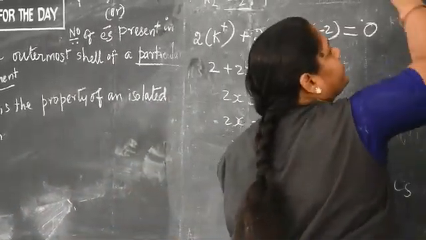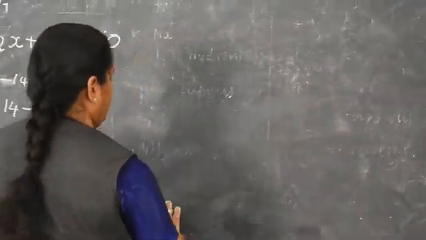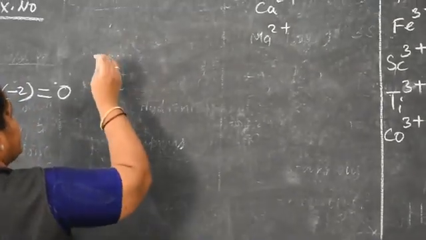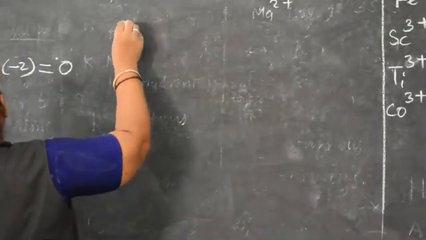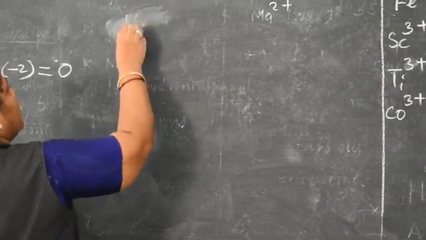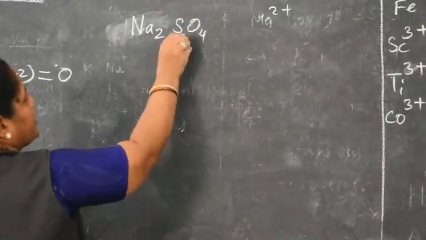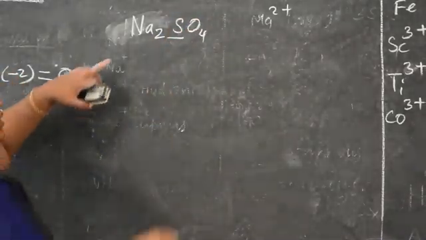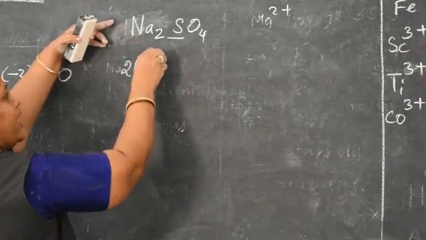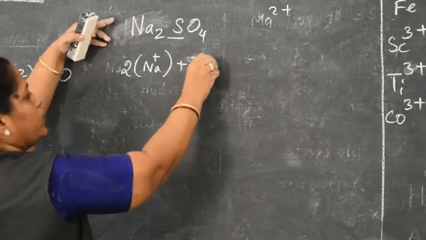Next, one more example I write. What about the oxidation state of Na2SO4? Here what is the oxidation state of sulfur? Here how many sodium? 2. What is its charge? Na plus. We don't know sulfur, that's why I put x.